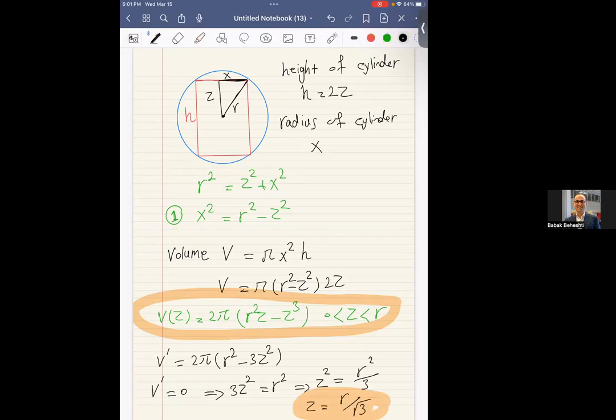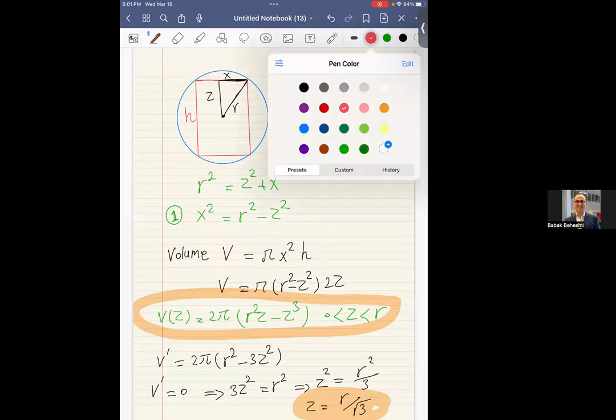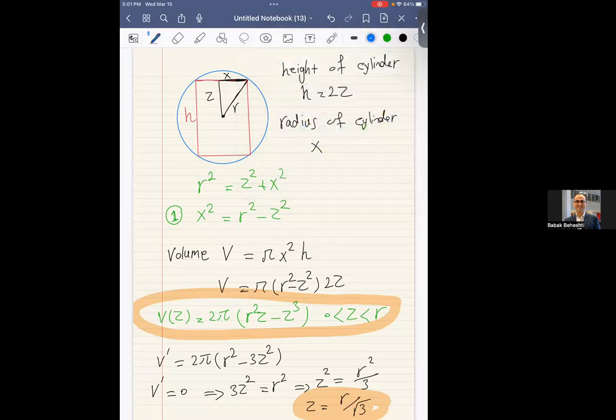Right? So Z is R divided by root 3. Now what is H and X? So the dimension of this cylinder in terms of H and X is what?